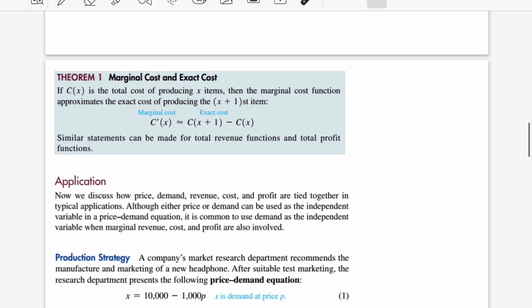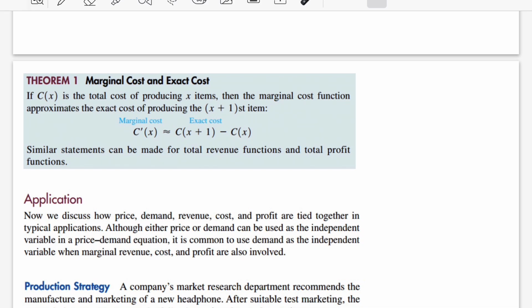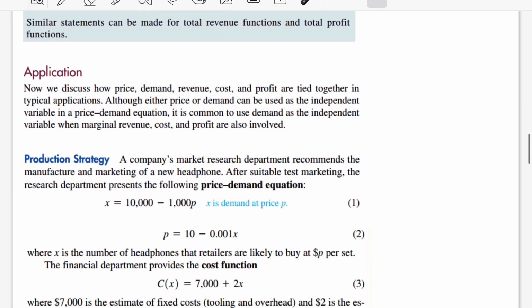Okay, so now we are going to look at an application where we discuss how price, demand, revenue, cost, and profit are tied together in certain applications. So we're given this example here. A company's market research department recommends the manufacture and marketing of a new headphone. After certain test marketing, the research department presents the following price-demand equation.